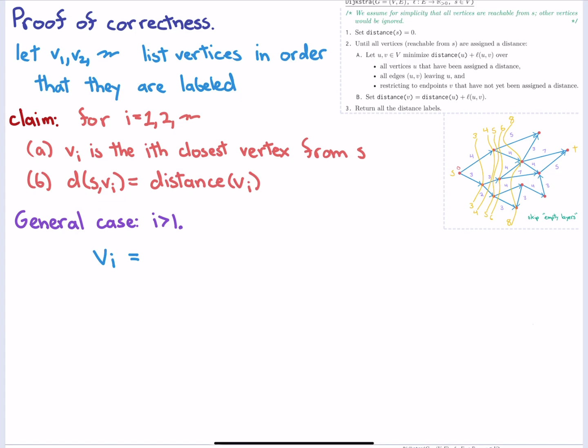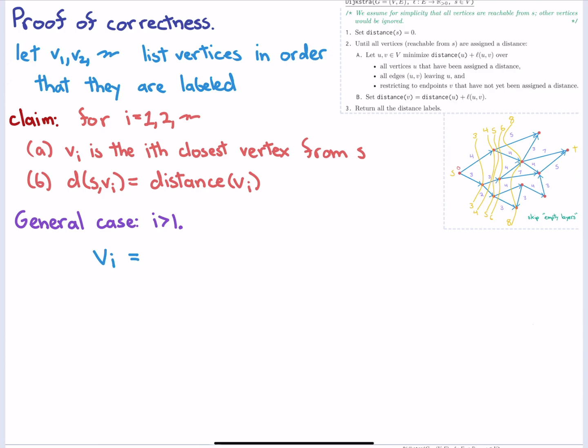i is bigger than 1. Okay. So vi is whatever the algorithm labels for the ith time. Not necessarily, at the moment, truly the ith closest vertex. We want to show it is the ith closest vertex, right?